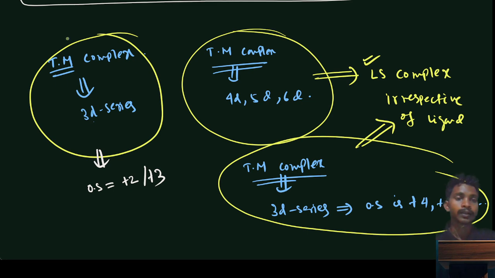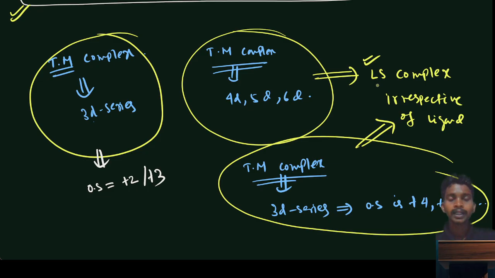So we only look at the electrochemical series if it is a 3D series transition metal complex. If it is 4D, 5D, 6D, there are always low spin complexes irrespective of ligands.